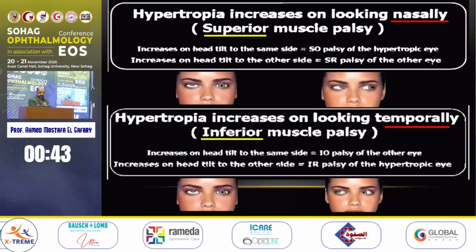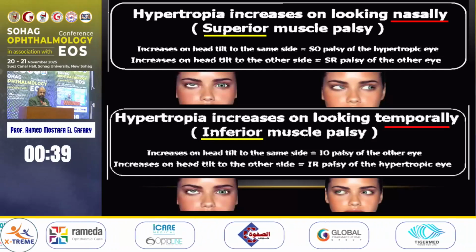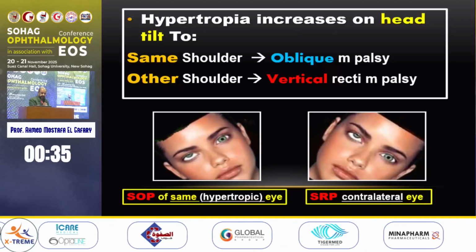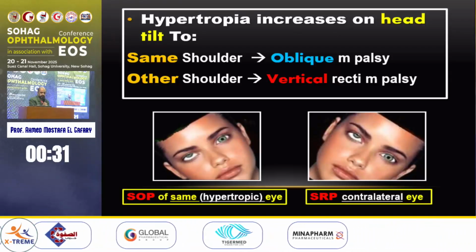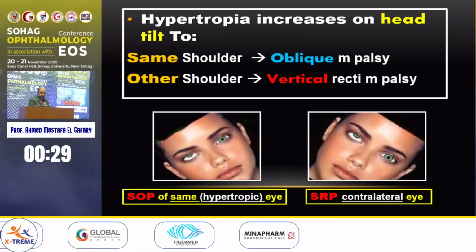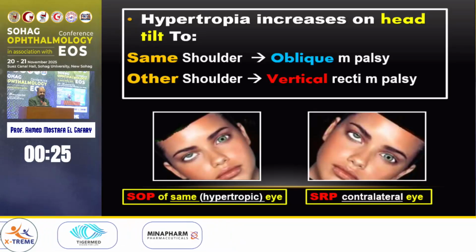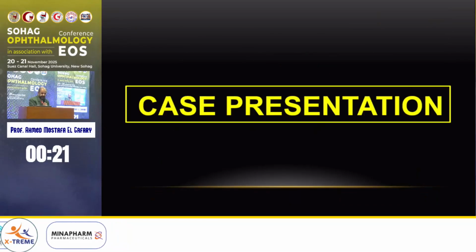But if it increases on tilting the head to the other shoulder, it is superior rectus palsy of the other eye. Hypertropia that increases on head tilt to the same shoulder means oblique muscle palsy. Hypertropia that increases with tilting the head to the other shoulder means vertical recti palsy.